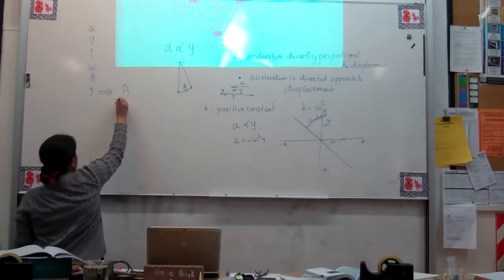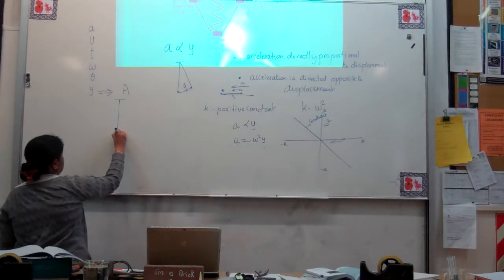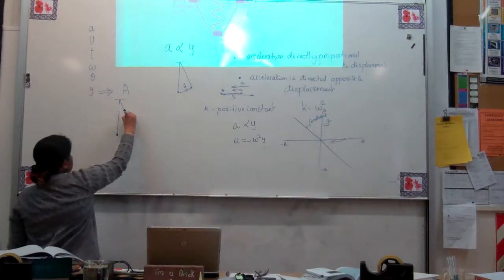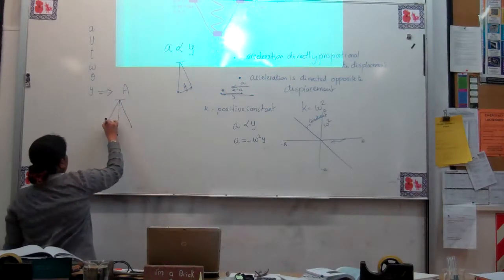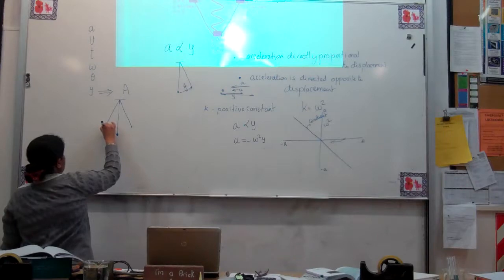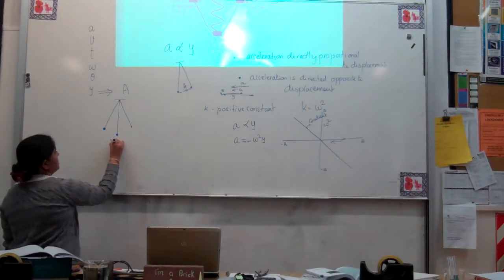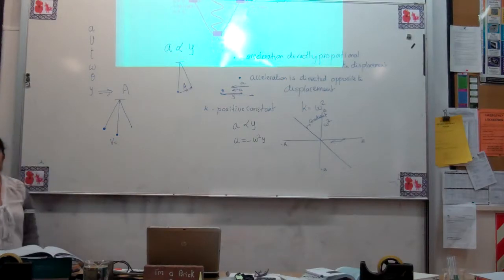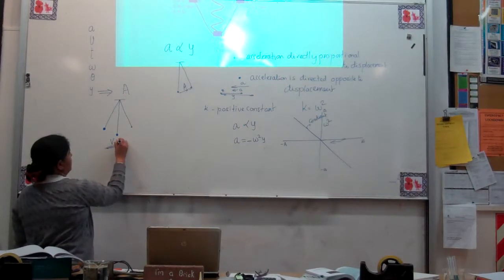This is the pendulum, equilibrium position, and this is its maximum displacement on either of the sides. Okay, what is velocity here? Velocity at equilibrium is maximum. Okay, V is maximum.